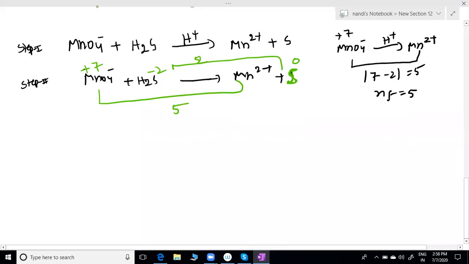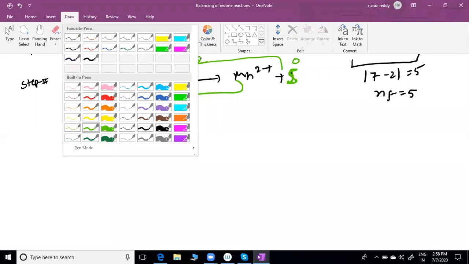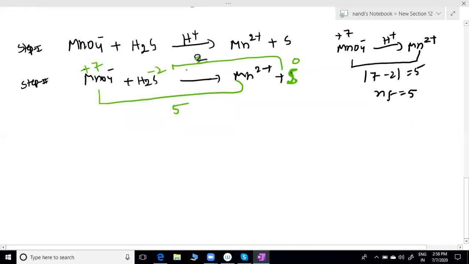What do we have to do next, sir? Cross multiplying or not? You have to do cross multiplying of n factors. You have to write the n factor of MnO4 in front of the reducing agent, and the reducing agent's n factor in front of the oxidizing agent; you have to exchange them. Very simple steps. Up to these steps you all know. Now I am giving only 2 new steps.